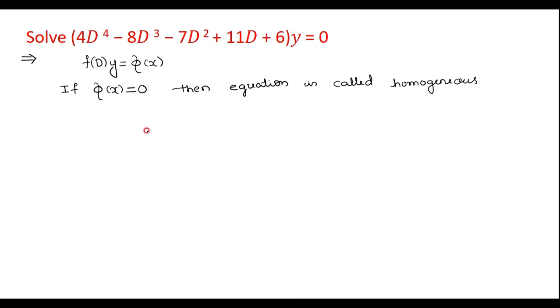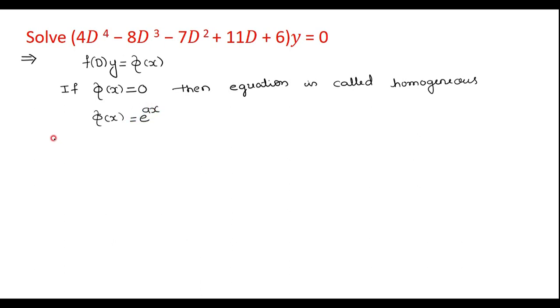Otherwise, it is called a non-homogeneous differential equation. Now, in this video, we'll find the solution of one type of non-homogeneous equation, where phi(x) is equal to e raised to ax.